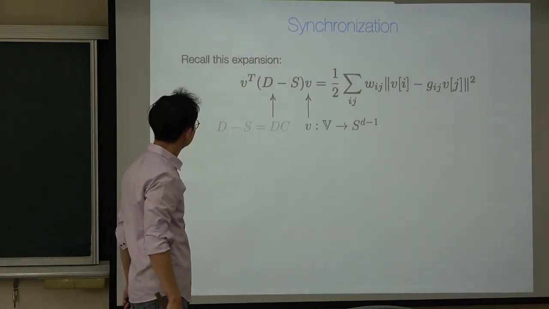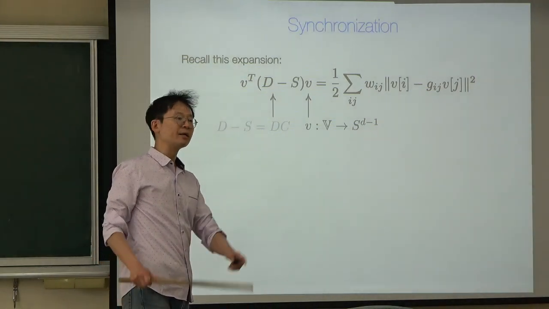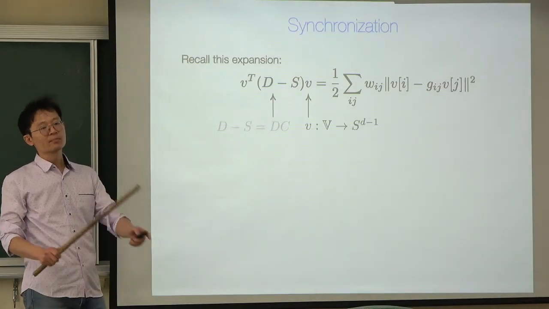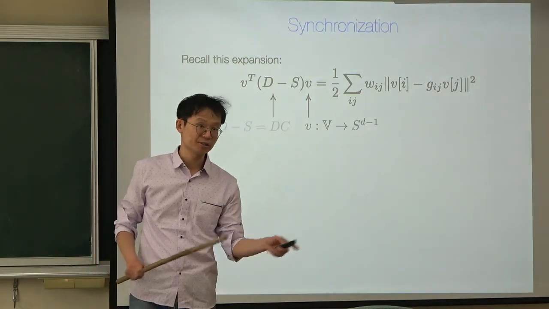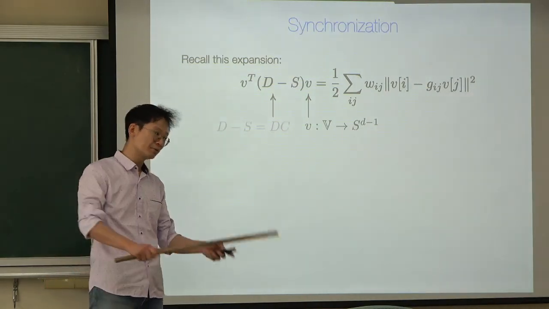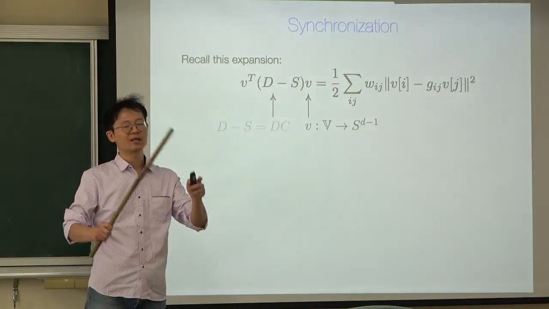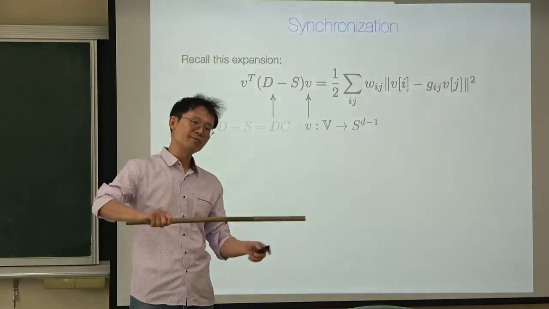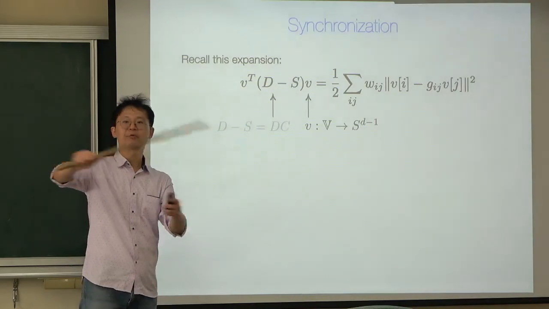And this is from a general graph connection Laplacian framework without any manifold, just simply synchronization. If we are talking about manifolds, then we know that for the connection Laplacian, the smallest eigenvalue is associated with the most parallel vector fields. And if the smallest eigenvalue of the connection Laplacian is 0, then that is purely parallel.